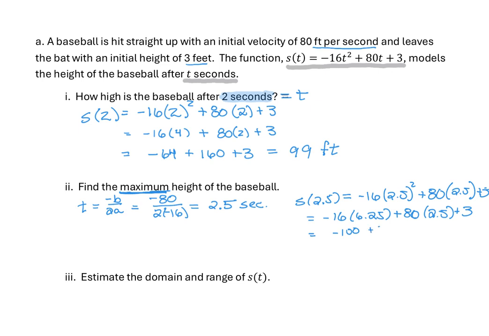The second one we get 200. And then we have our 3. And if we combine this, we get a maximum height of 103 feet. This is our maximum height.